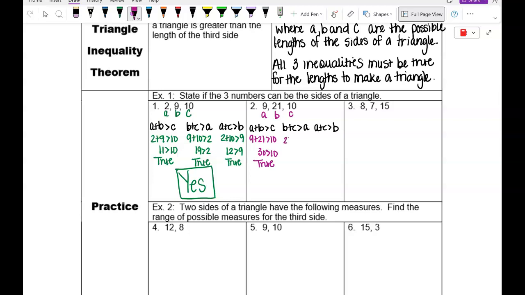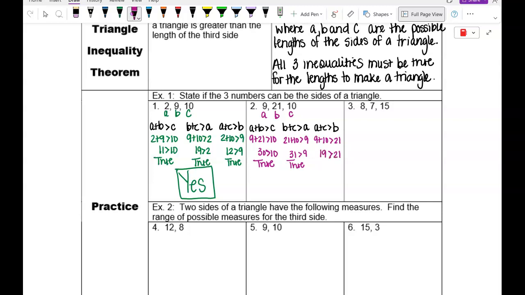The next one, 21 plus 10 has to be greater than 9. 31 is greater than 9. That is a true statement. And then 9 plus 10 has to be greater than 21. 9 plus 10 is 19.